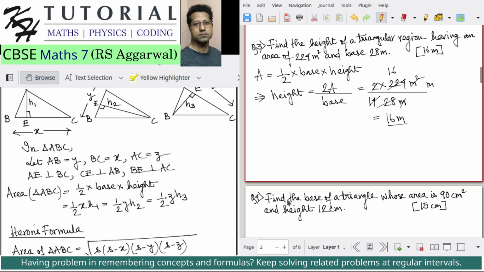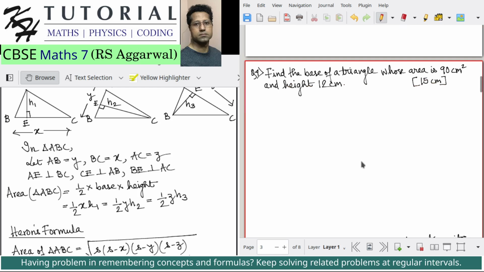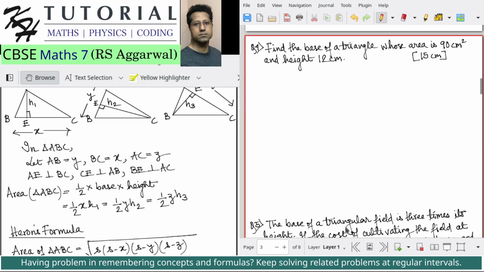Okay. Let's see the next problem. Question number 4. Find the base of a triangle whose area is 90 centimeter square and height is 12 centimeter. So this time we are given area and height, we have to find the base. So base is equal to 2 times area, I am using capital letter A for area, divided by height.